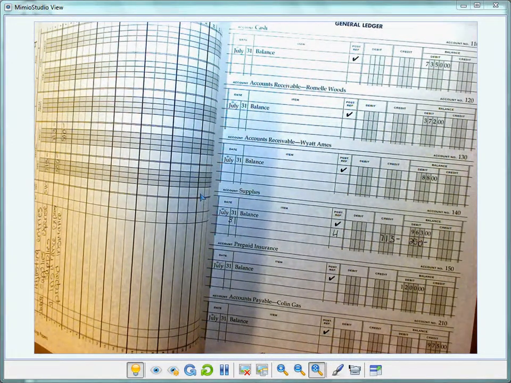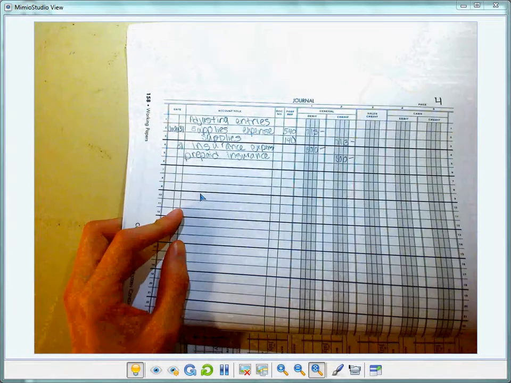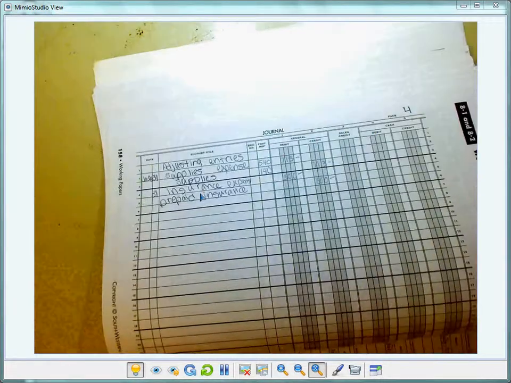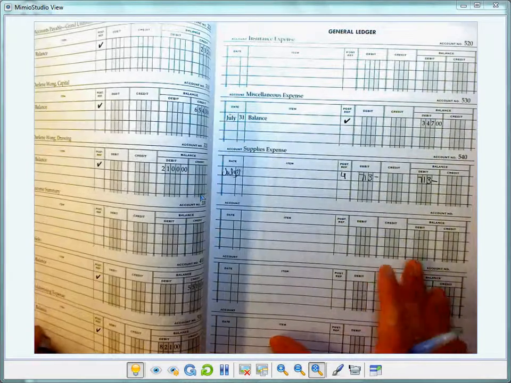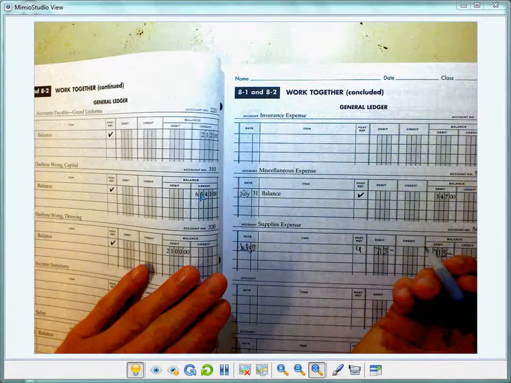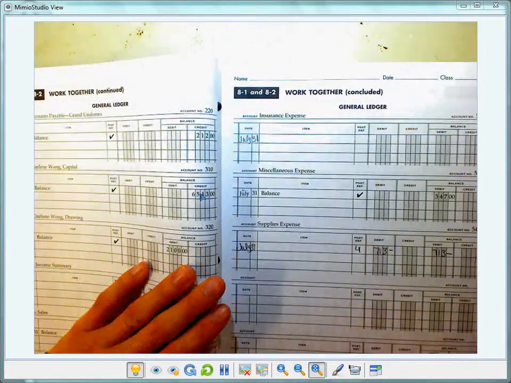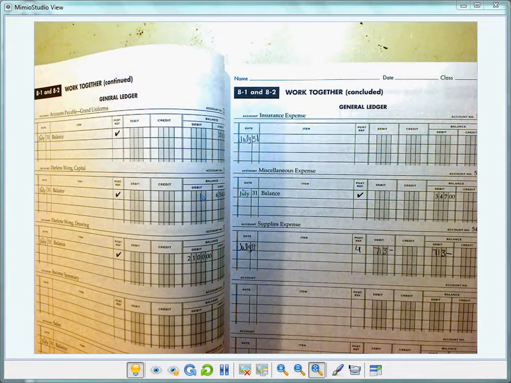Okay, our account number is 140, so we'll go back to page 158 and put 140 in the post reference. Okay, now we're looking for insurance expense. What page is it on? Okay, 161. So July 31st.